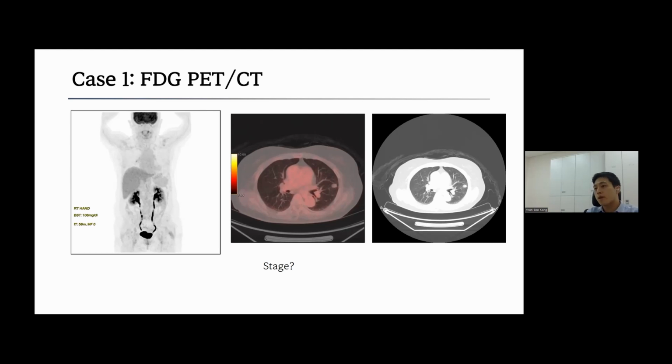A 1.5 centimeter size nodule with minimal FDG uptake is observed in the left upper lobe without any possible metastatic lesions. So what's the stage?